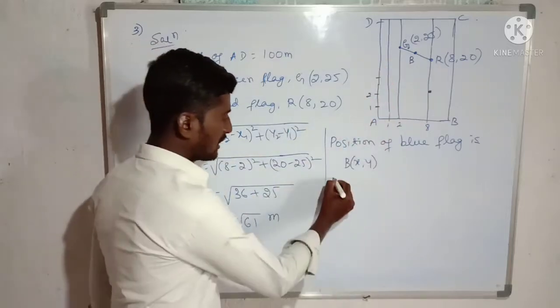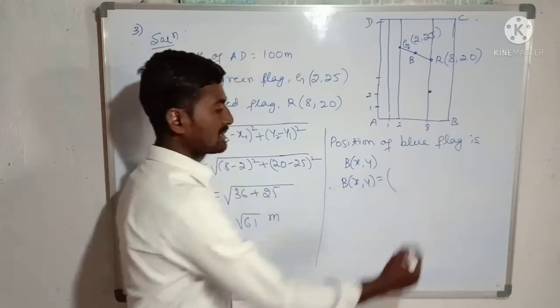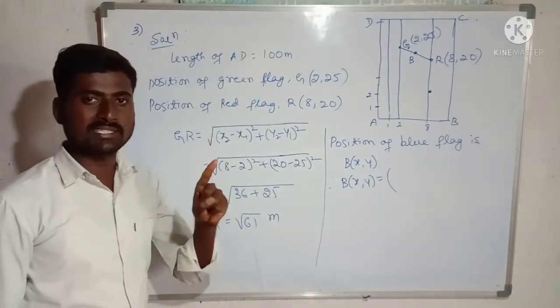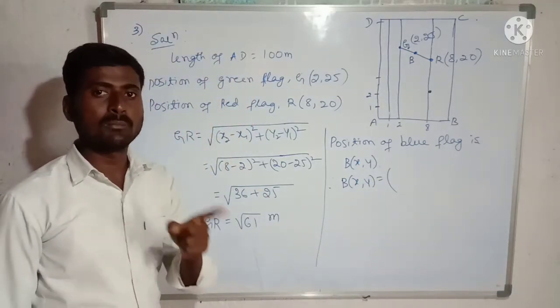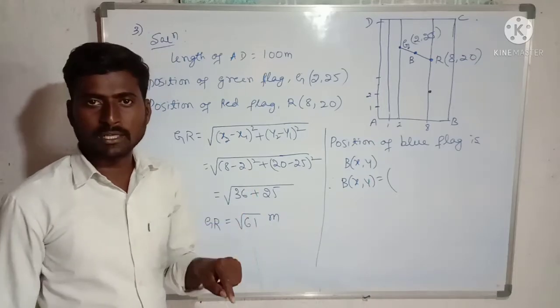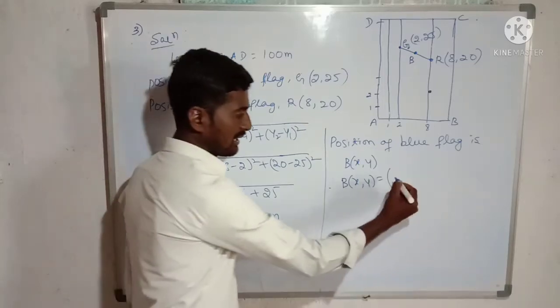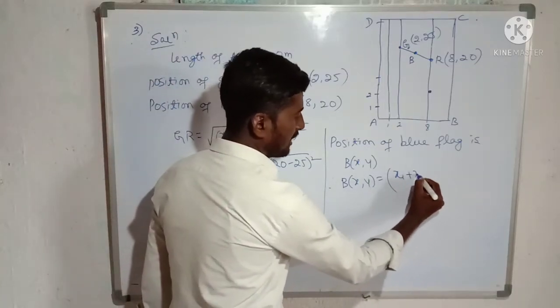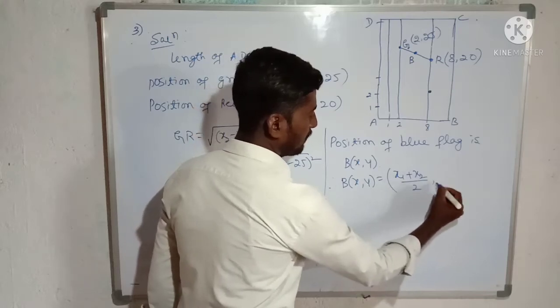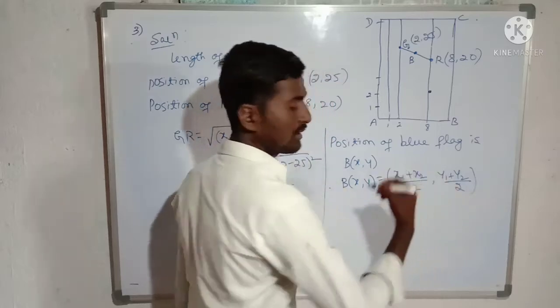What is the midpoint formula? x1 plus x2 by 2 comma y1 plus y2 by 2.